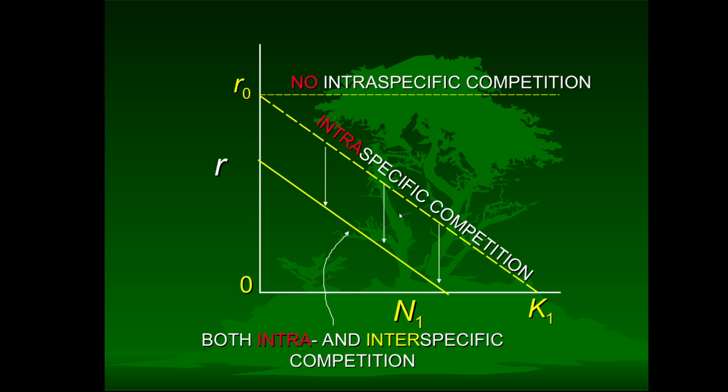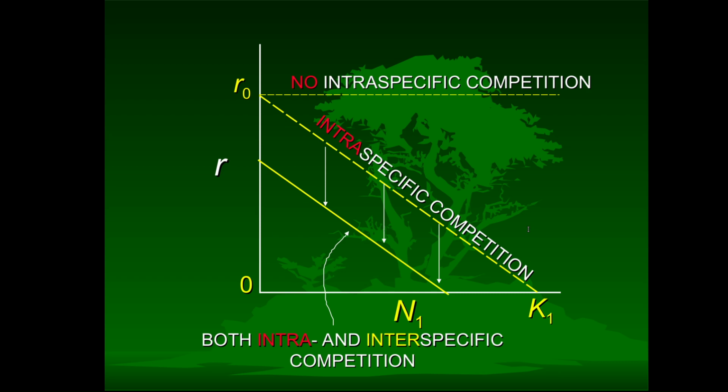Both are going on at the same time when we have this curve here. Intraspecific competition is just the logistic growth equation for one population. Interspecific competition is a logistic growth equation for two populations, one equation for each population.